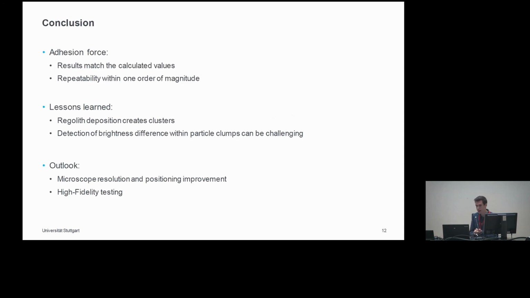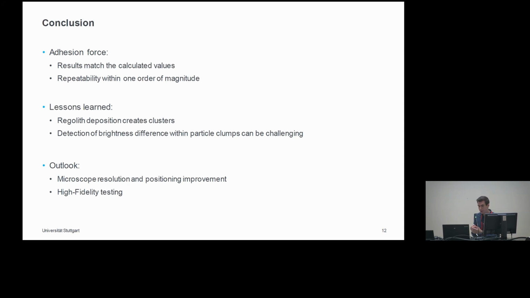In conclusion, the results match our calculated values, and we have a repeatability within one order of magnitude. But we learned that you really have to take care about the deposition method of the regolith to avoid particle clumps. It is really difficult to detect these particle clumps because the brightness difference between the particles isn't large.